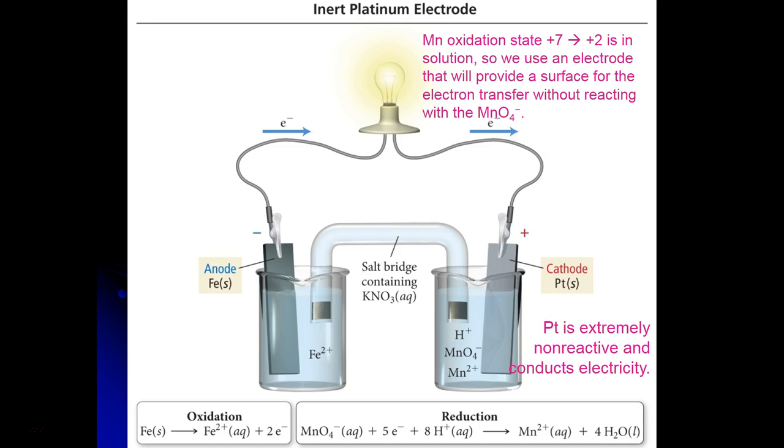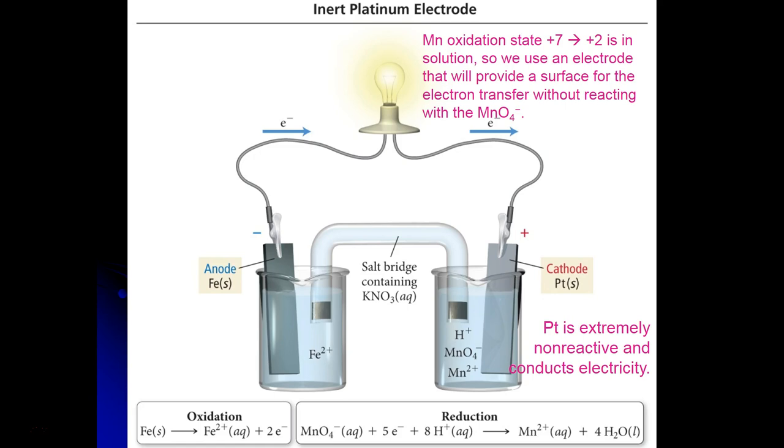So here's an example of an inert electrode. Platinum is by far the most popular inert electrode. In this case, we've got our manganese oxidation state, and it's going to go from a +7 to a +2. That's a big change. But all of this chemistry actually happens in solution.